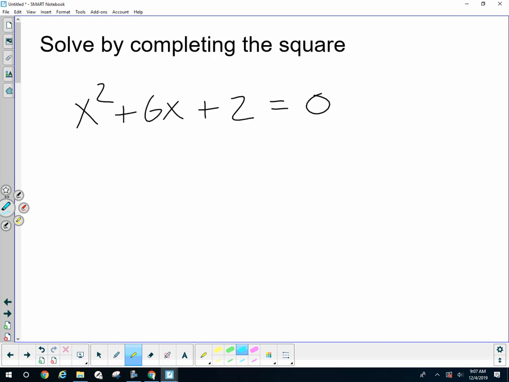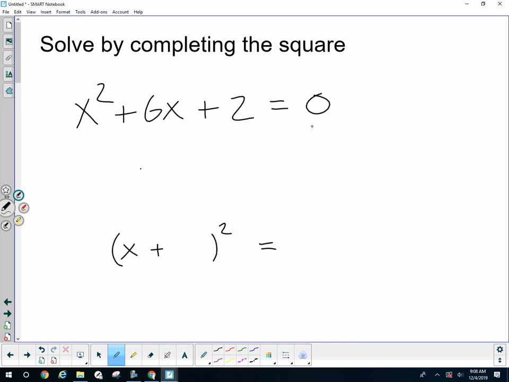Here we go. Let's solve this equation by completing the square. Here are the steps that we need to remember. We want to turn this left side into an x plus or minus something squared.